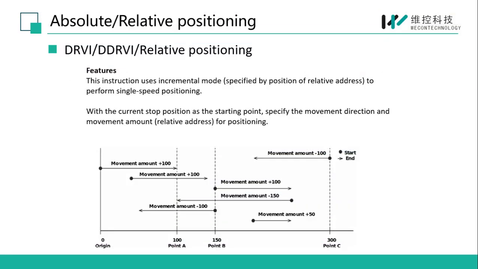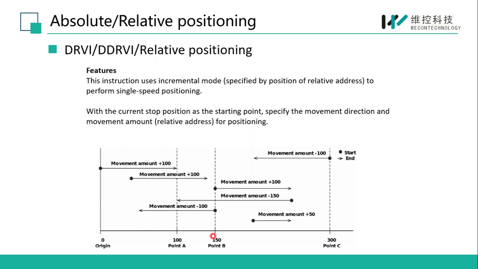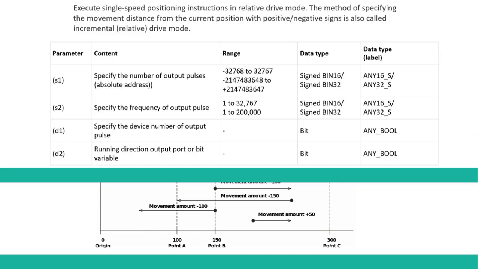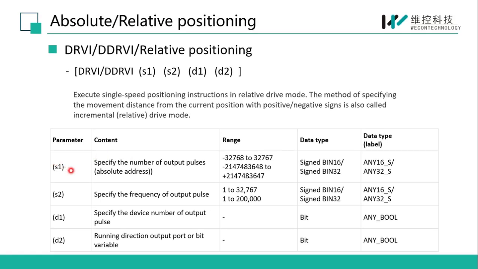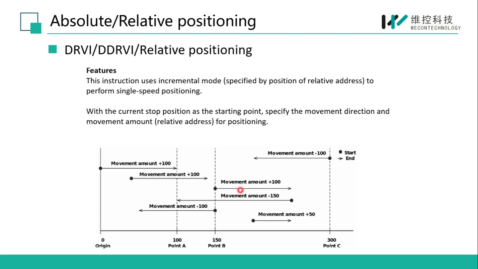As you can see in this picture, if the current position is point B and I want to move it to point C, 300, I just need to set parameter 1 as 150.